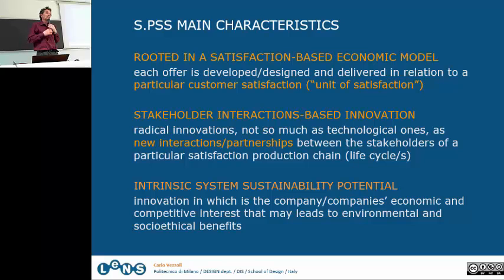And obviously, that has an intrinsic potential to be sustainable, as we said. So, if properly designed, this innovative interaction makes the company, the provider, interested in designing, developing, and offering sustainable products.